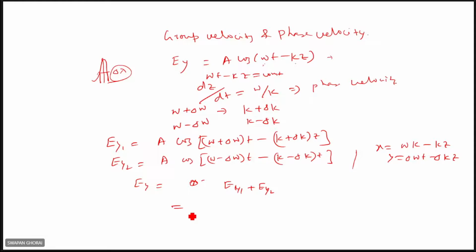So the resultant field, if you simply expand it, you'll get 2a cos(ωt − kz) into cos(Δωt − Δkz). Here, if you consider x and y, cos(x + y) plus cos(x − y) gives 2 cos x cos y.